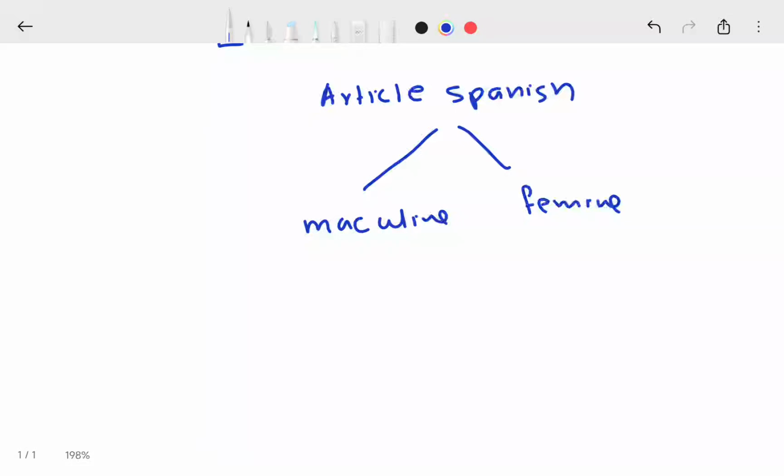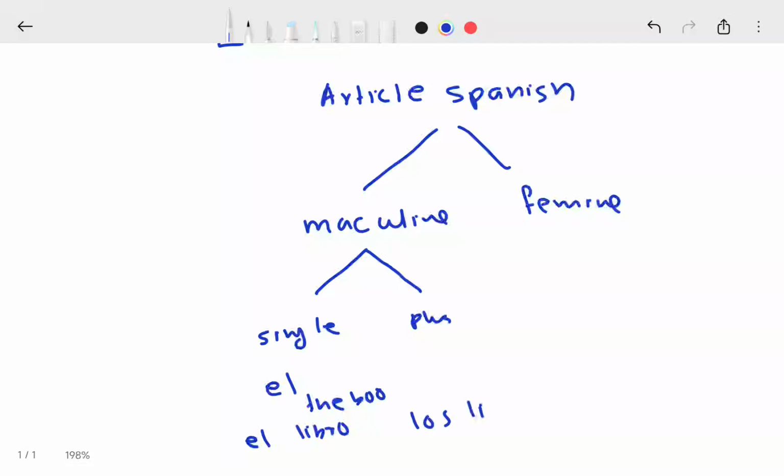Masculine can be divided based on the number of count, which is singular and plural. If it is singular, we will be using el. For example, el libro, which means the book. And for plural, los libros, which means the books.